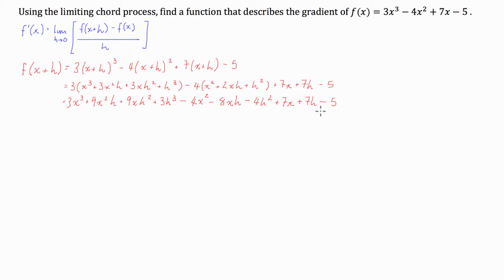Great. Now what we have to do is minus f of x from f of x plus h. So I'll put it in a different color. This is our f of x plus h. Now I'm going to minus away f of x. So that's going to be minus 3x cubed.